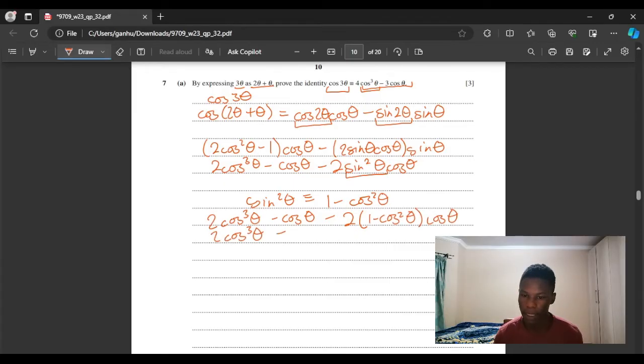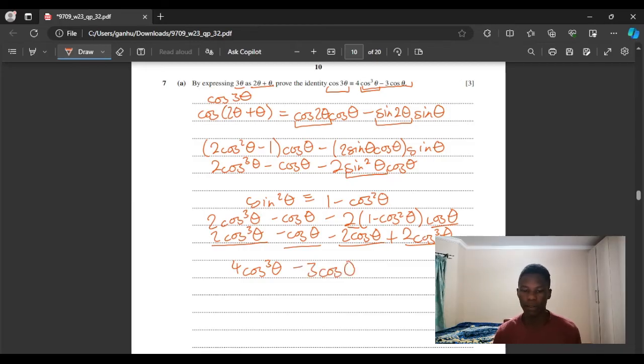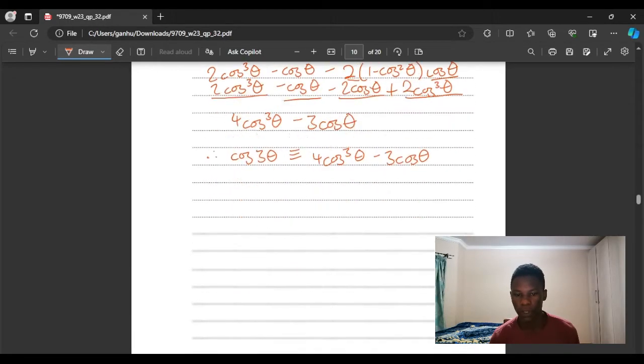If we expand, that's minus 2 cos theta, and minus 2 times cos theta times minus cos squared theta gives us positive 2 cos cubed theta. Let's add the like terms. 2 cos cubed theta plus 2 cos cubed theta gives us 4 cos cubed theta, minus cos theta minus 2 cos theta gives us minus 3 cos theta. And we have therefore proved our identity. Cos 3 theta is identical to 4 cos cubed theta minus 3 cos theta, and that's our final answer.